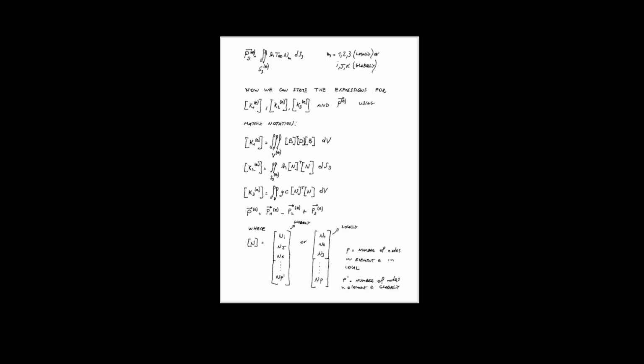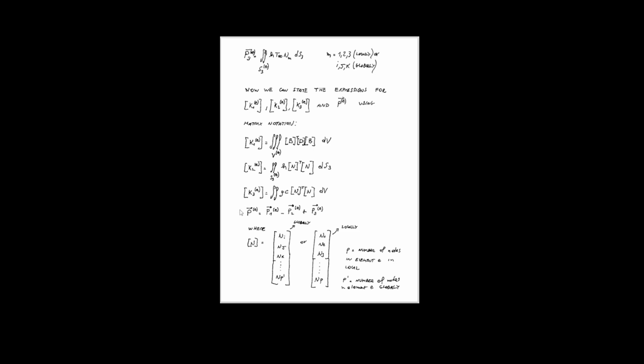Okay, this is P3E in this part. Now we can state the expressions for K1E, K2E, K3E and PE using matrix notation, which is simpler to deal with. The first is K1, then we have K2, K3, and PE.